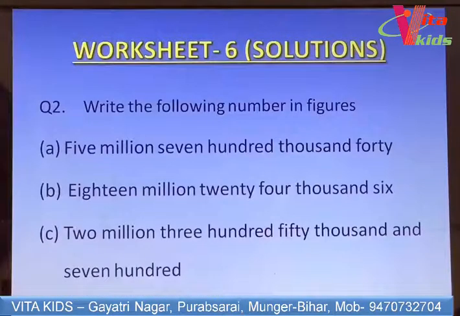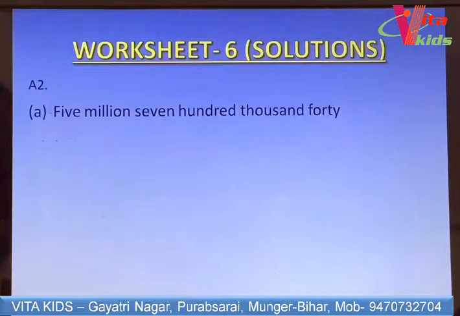Question number 2. Write the following numbers in figures. A. 5,700,040. So first, the units we will take. In units we have only 40 and units has 3 places. Ones, tens, hundreds, so it will become 040 in the units place.